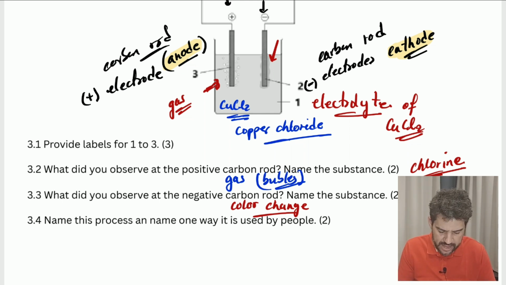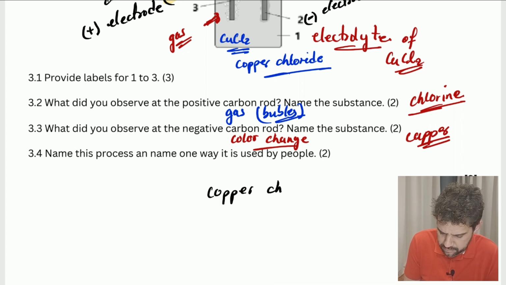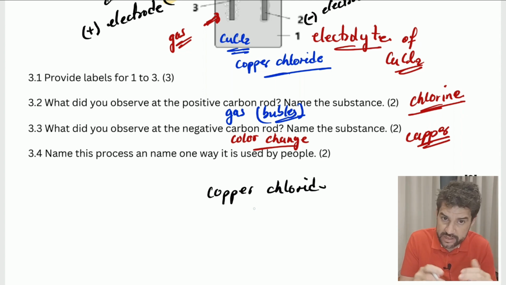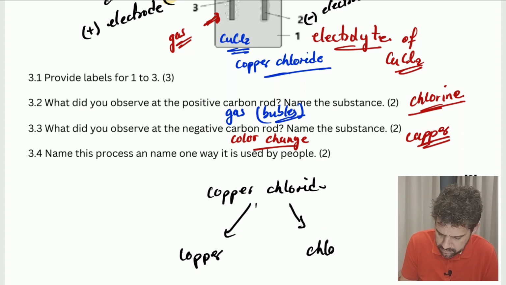Name this process and name one way it is used by people. Okay, so now the process. What we are doing here is, in other words, breaking copper chloride into copper and chlorine. So all you're doing in this process is taking copper chloride, and through this process, which I'm going to name in a second, you are going to break it into copper and chlorine.